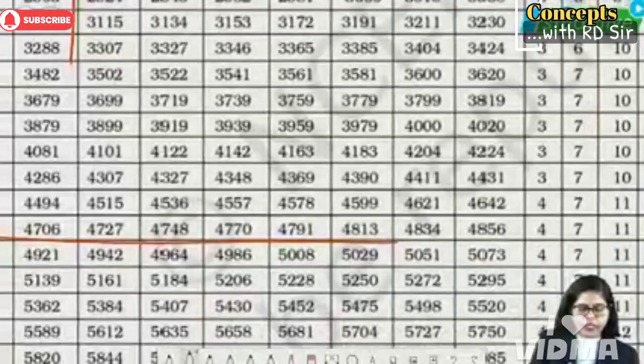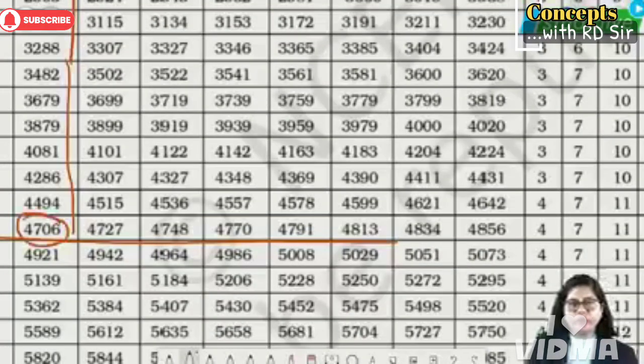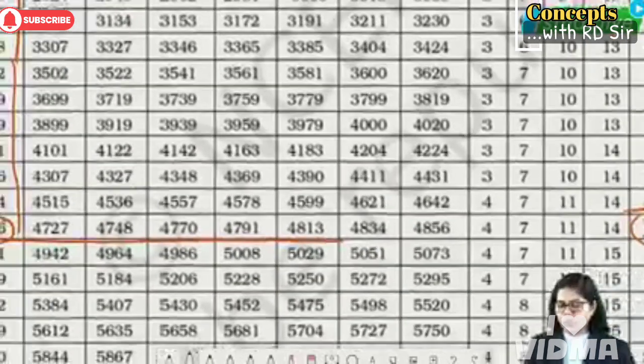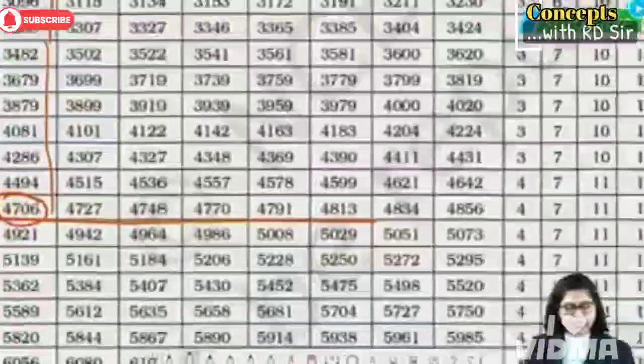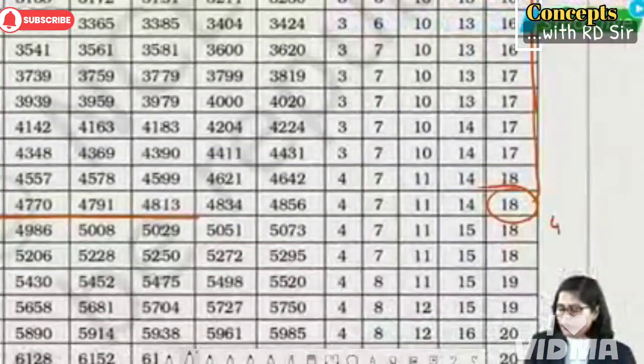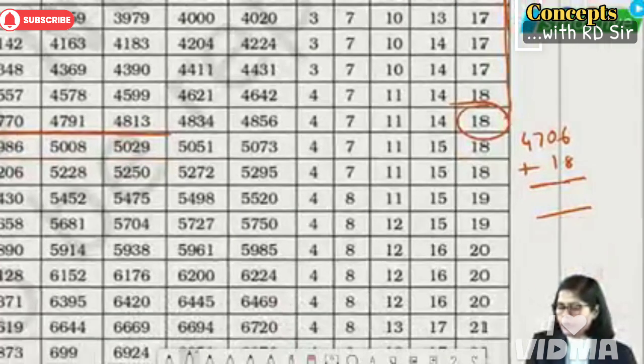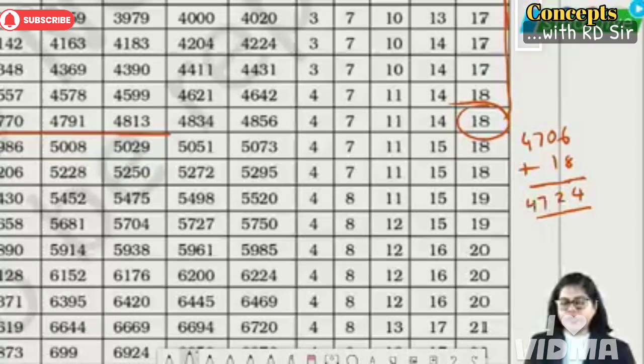Then again here I am getting this value, right, students? And in this case I am getting this particular value. So now the number is 4706, and 18 I am going to add to this. So this is what I am going to get, 4724.